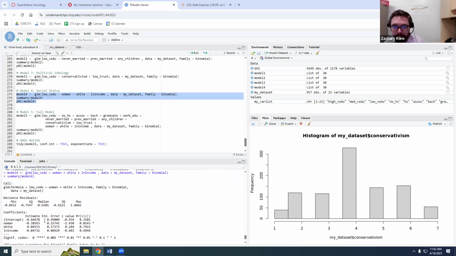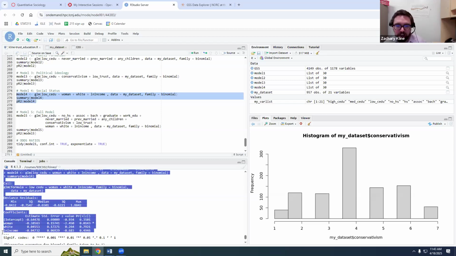So in other words, on average, people with a higher income have a higher probability of low confidence in education. But if we account for people's gender and their race, then it's actually less likely that they have low confidence as income increases. In other words, if you look at the effect of more income among white folks and people of color, women and men, we're going to see that actually it's a negative effect of having larger income.